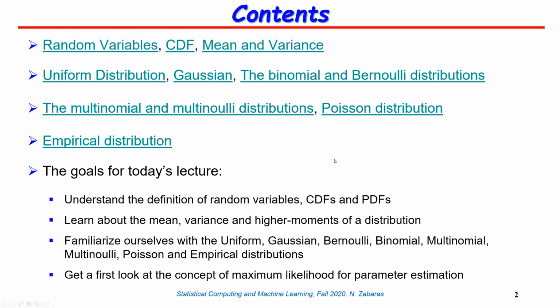And then I want to give you a little bit of flavor of what is called the maximum likelihood estimator for parameters of these distributions. This is a topic that is going to be repeated throughout the course, and I thought this is a good time to give you a taste of these MLE estimates.